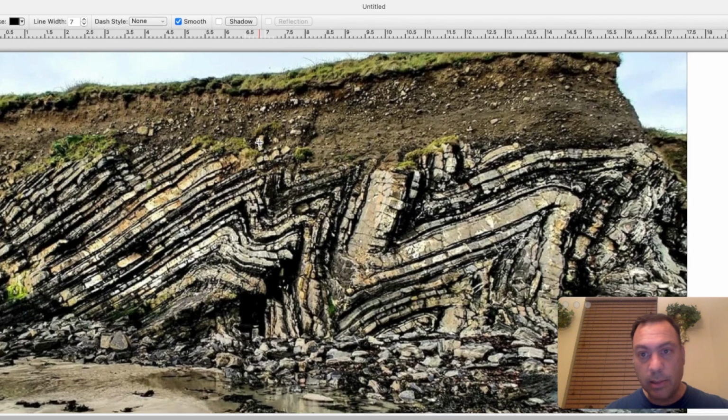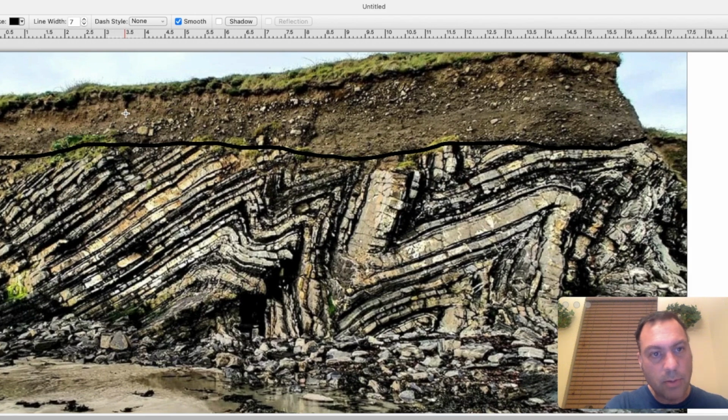So we're going to go ahead and draw a line that separates these two. Hopefully the pen works. It's working. Okay, so let's draw that line in there. And it separates the top material from the stuff at the bottom. This is an angular unconformity.